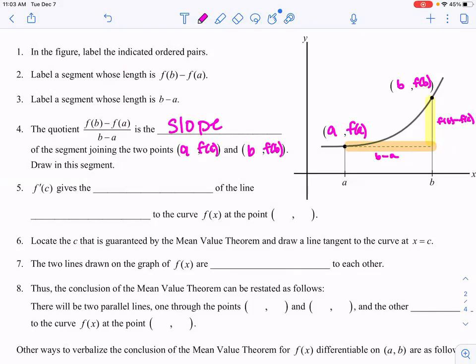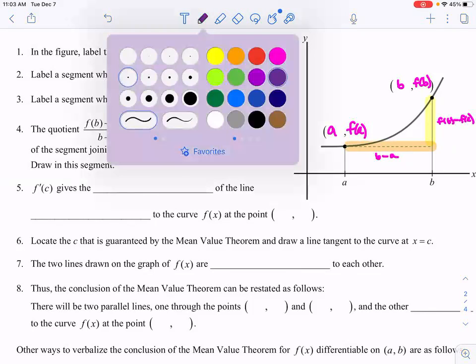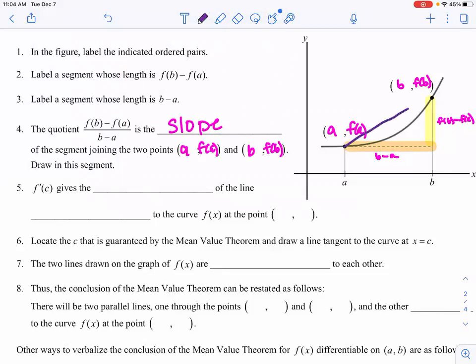Draw this segment. This is why I gave you a ruler so that you could draw that segment.